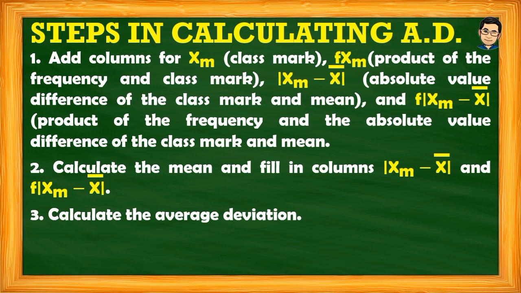Once we have filled out the columns with the correct values, that is the time we apply the formula, and then we will be able to determine the average deviation. This is the middle value that shows how far the values are from our mean.